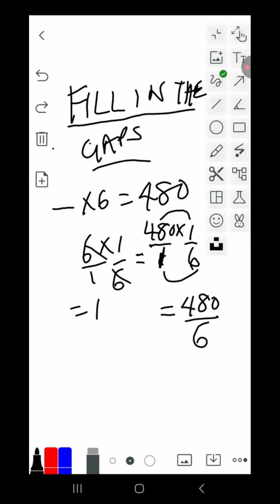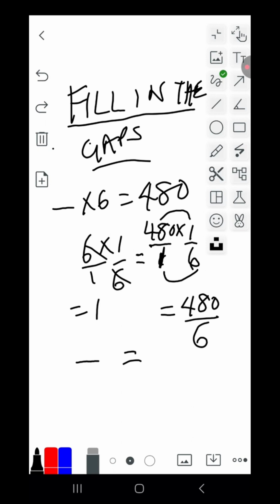That makes it easy to solve. Don't forget our missing number here. So when you want to solve the answer, the missing number equals 480 divided by 6.